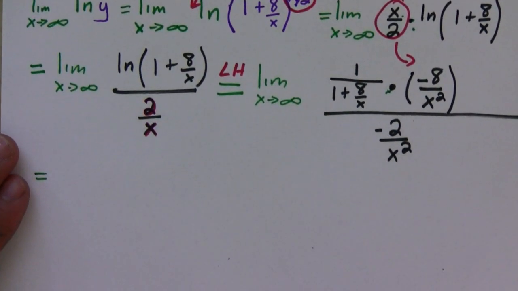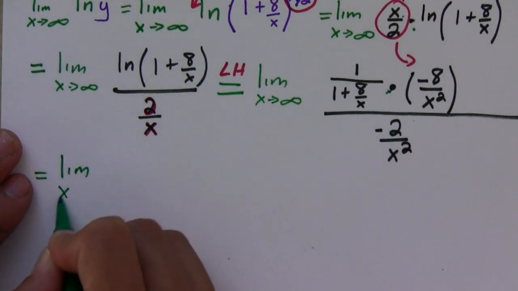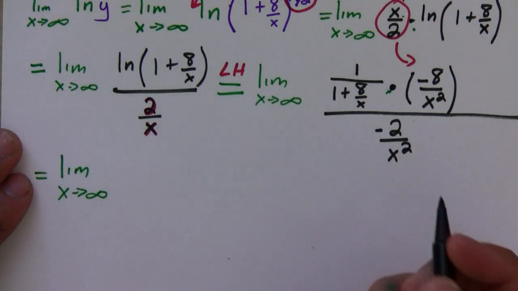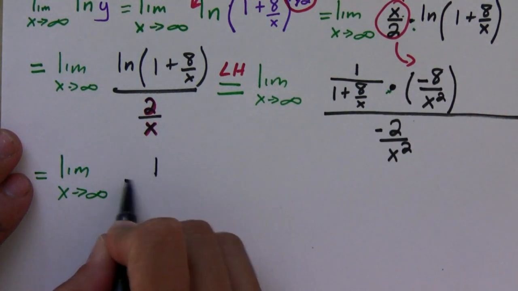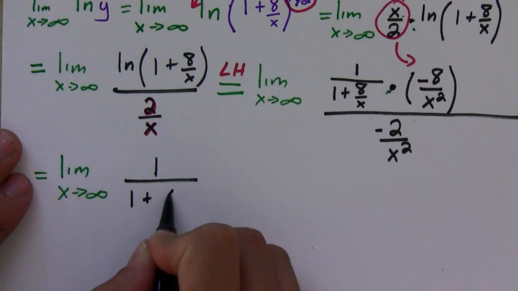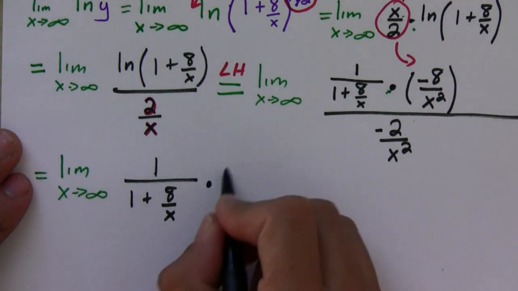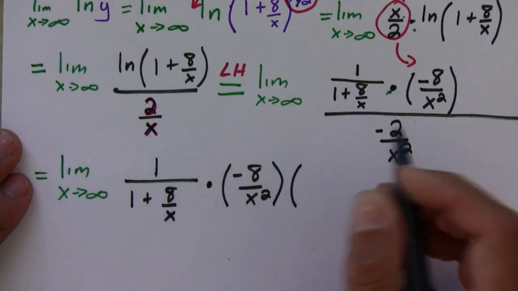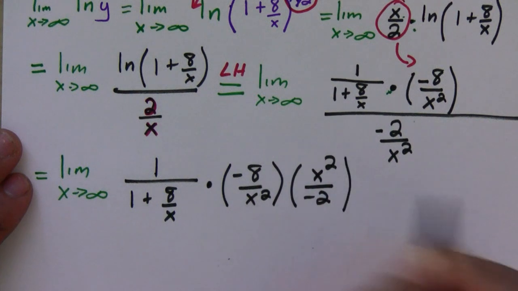What I get now is that this is equal to the limit as x goes to infinity of, if I invert and multiply this one, 1 over 1 plus 8 over x times negative 8 over x squared times x squared over negative 2.